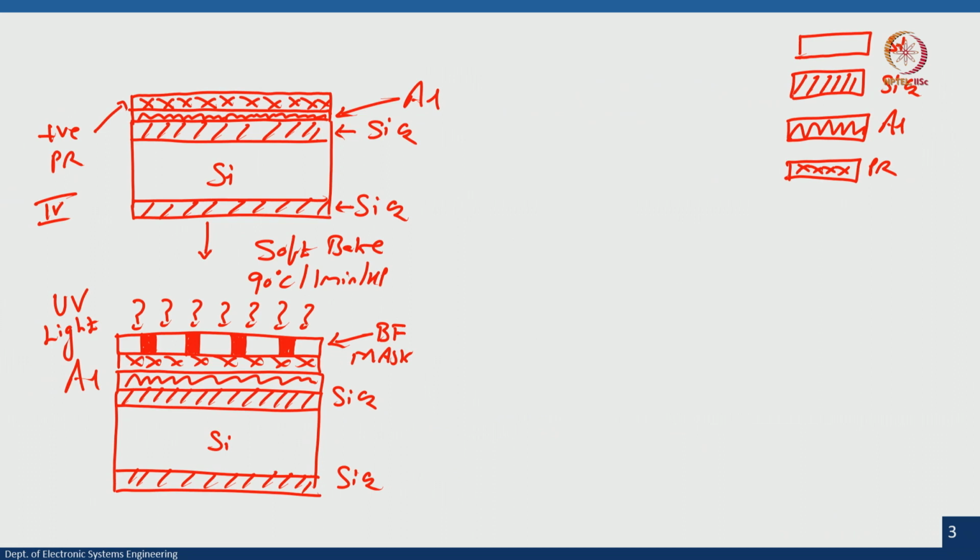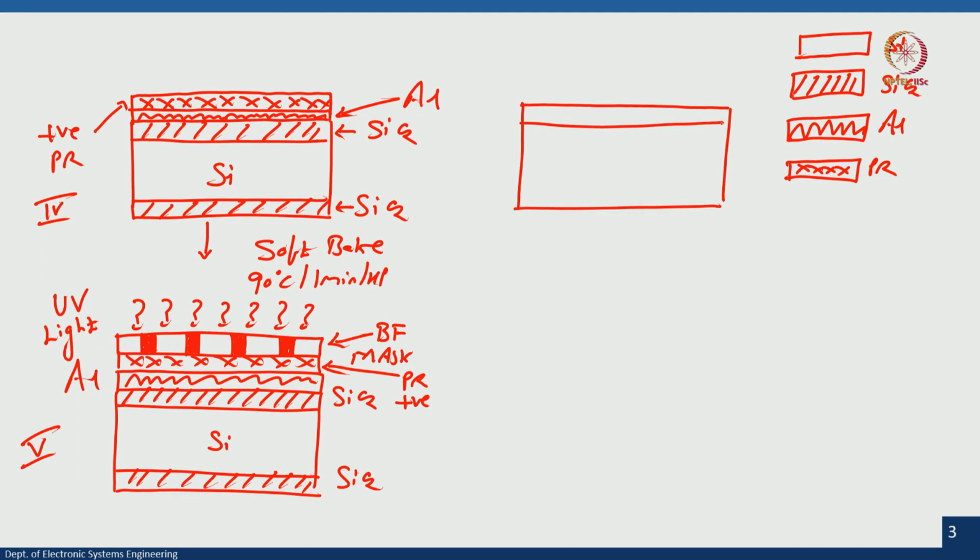Once you expose the photoresist, which is also positive photoresist, right, with UV light, the unexposed region will become stronger. So, after exposing with UV light, you unload the mask, and next step is, you dip the wafer in a photoresist developer, correct. We dip the wafer in photoresist developer.